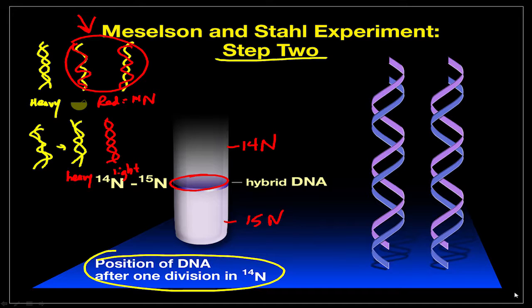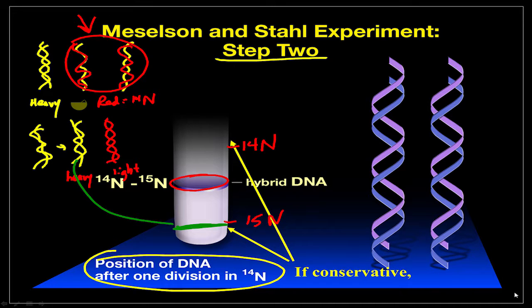So if the conservative model had been true, and I think the way I animated this, it may erase something, but if it was conservative, oh, it didn't. So you'd basically see, I almost got them right. I'm very proud of myself in terms of position. If conservative, I'll write in green over here, was true, you would have seen one band down here, because that corresponds to that heavy molecule, right?